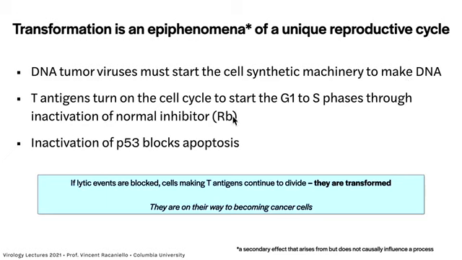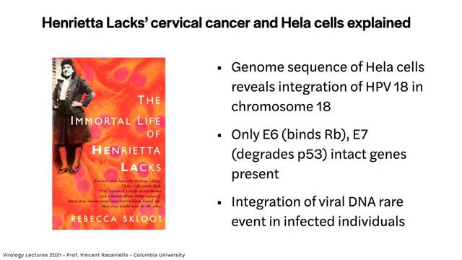They inactivate RB to bypass that checkpoint, and they inactivate P53 to block apoptosis, because if P53 detects damaged DNA or unscheduled DNA synthesis, it will cause the cells to die. So DNA viruses block all these things because they need the cells dividing, but as a consequence, it can lead to transformation and eventually becoming cancer cells.